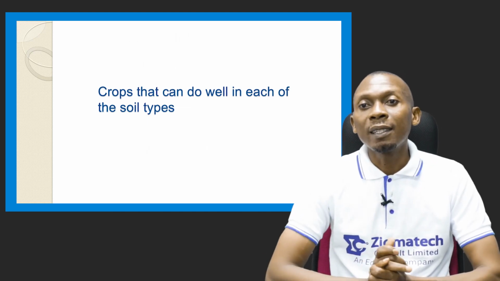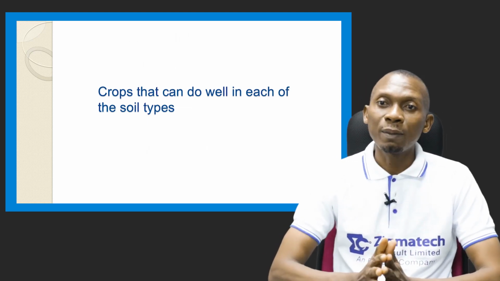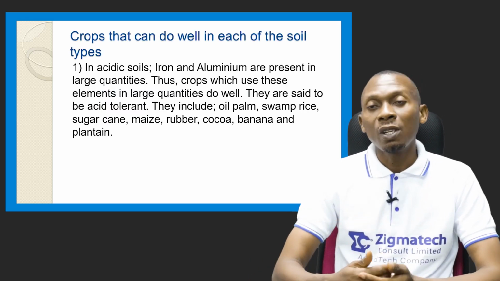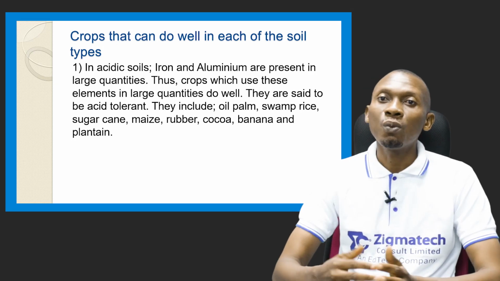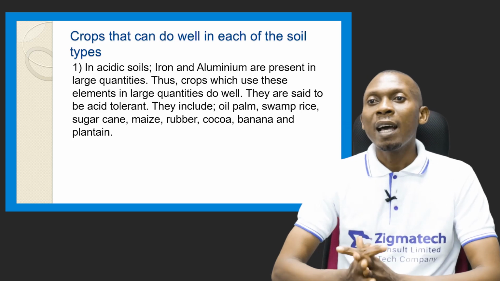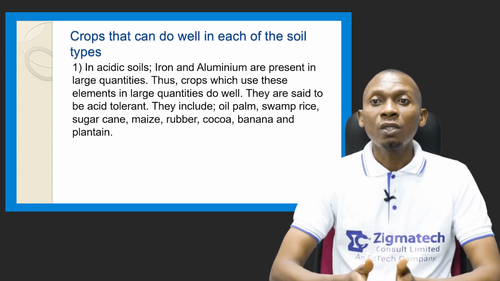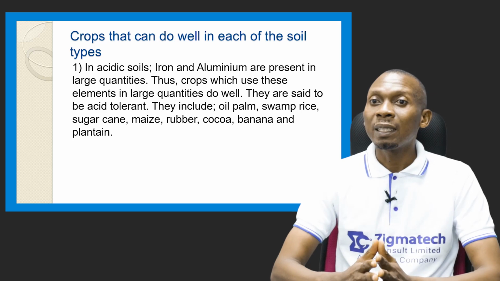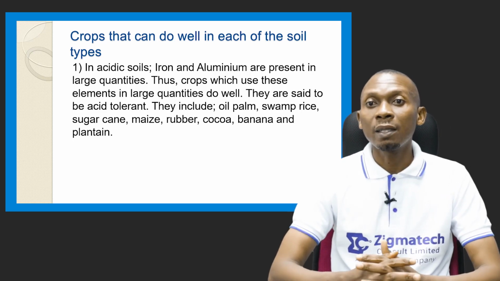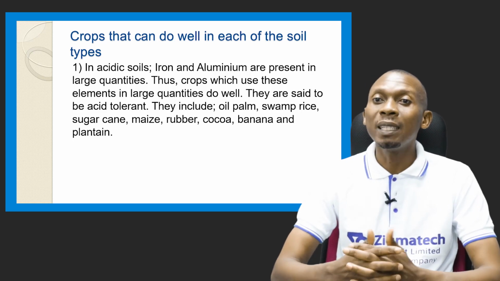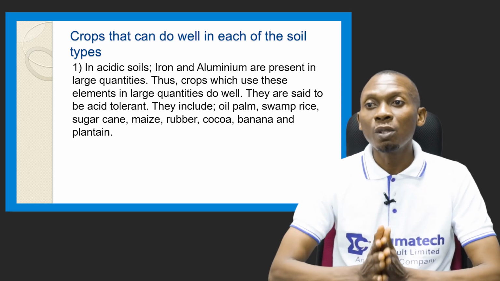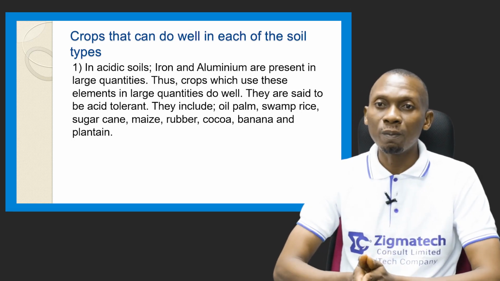So, let's take a look at certain crops that do well in the various types of soil. In different types of soil, we have acidic soil and alkaline soil. So, we look at crops that can still do well in acidic soil. Now, acidic soils have iron and aluminum which are present in large quantities, and in such cases there are certain crops that can still do well because such crops need such elements in large quantities, and so such crops can also be termed as acid tolerant crops.